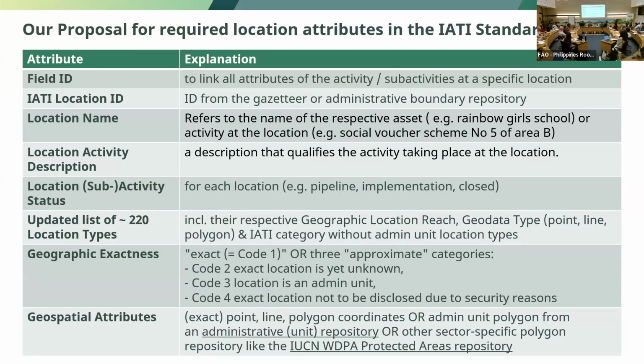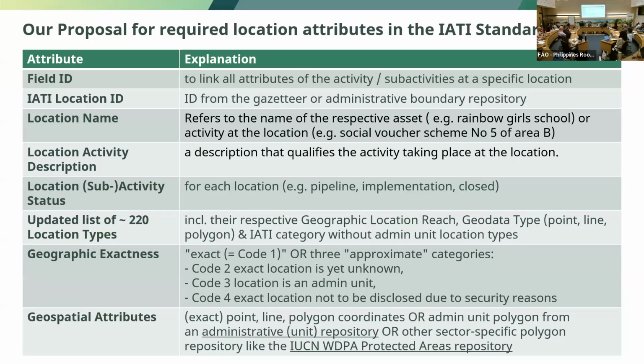So this is why we propose to add a field ID which links the coordinate with all the attributes of the activity or sub-activities of a specific location. And this allows us to not only link the project with all its locations, but also to link one geographic location with all the project activities.